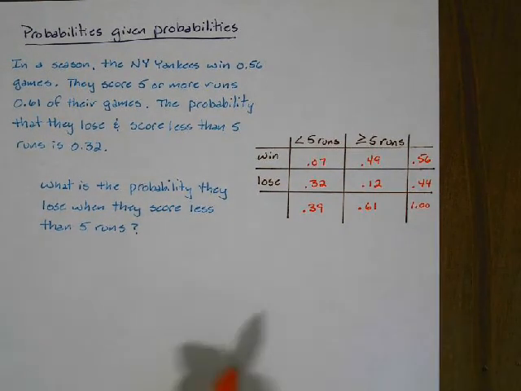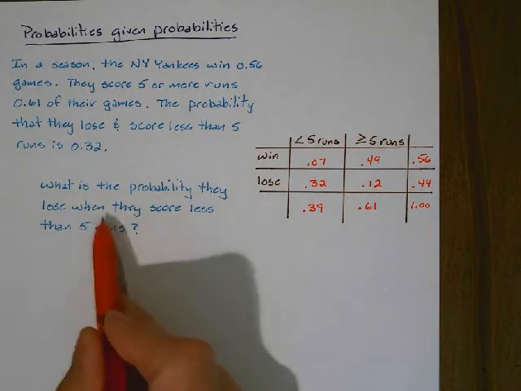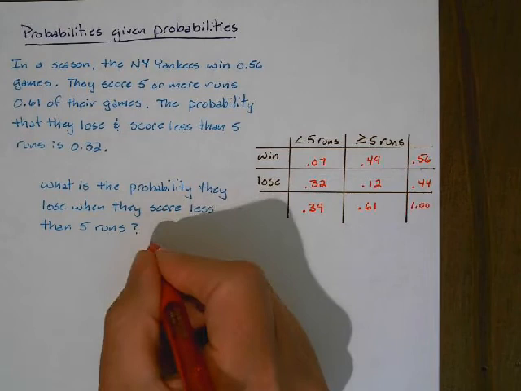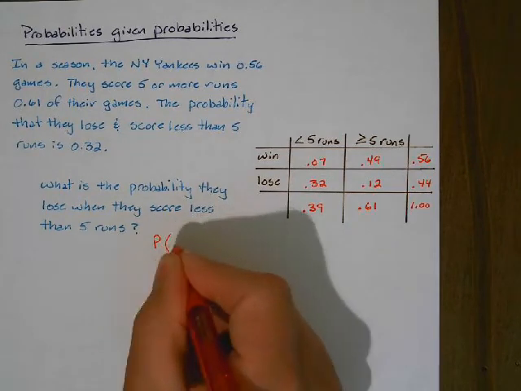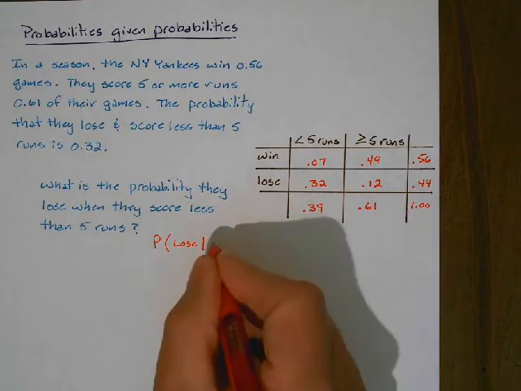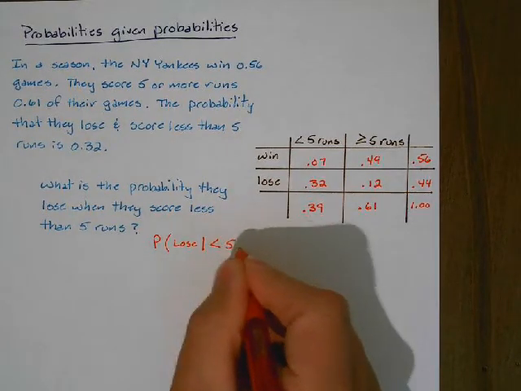Okay, so I want to find the probability that they lose when they score less than 5 runs. What's this saying? It's saying that we want the probability of a loss, given that they have less than 5 runs.